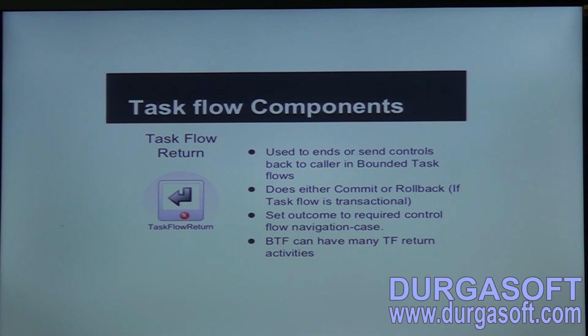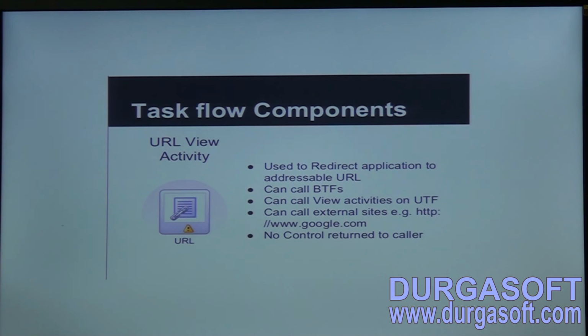Next one, if you want to call another page, then take what? URL view activity. Just give the URL. So based on that URL, for example www.google.com, that page is opened.